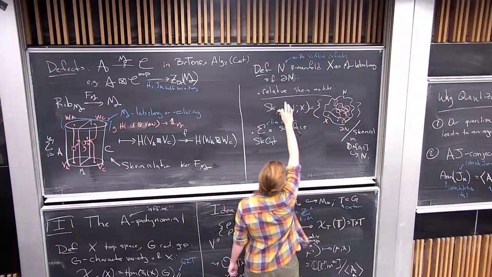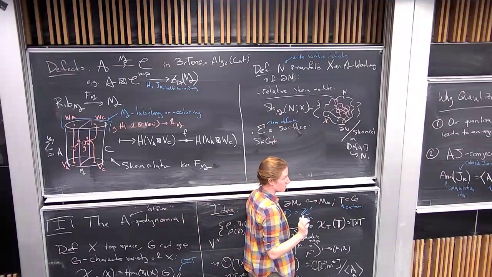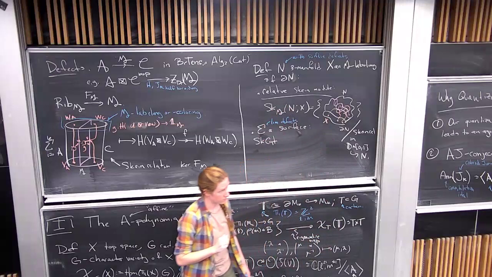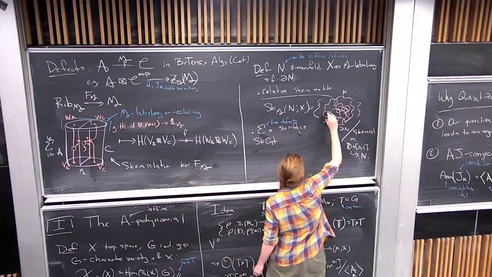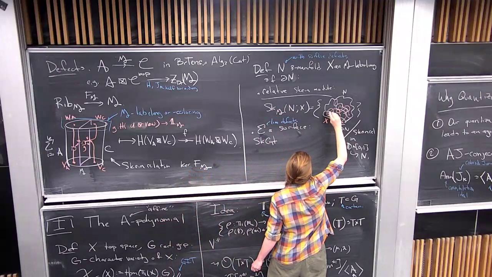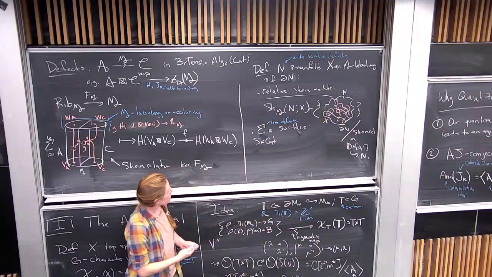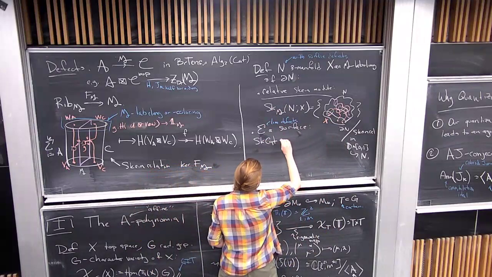That's part of the data of N. So N has a defect in it. So N is like a stratified labeled 3-manifold with surface defects. And you didn't ask, but maybe you might have asked, my defects can touch the boundary. Okay, so this is a surface now with these defects also.